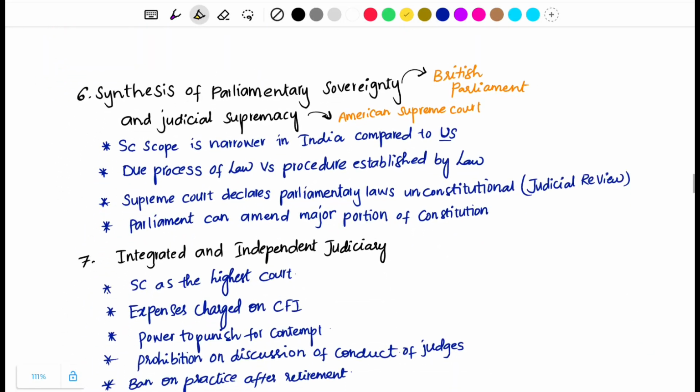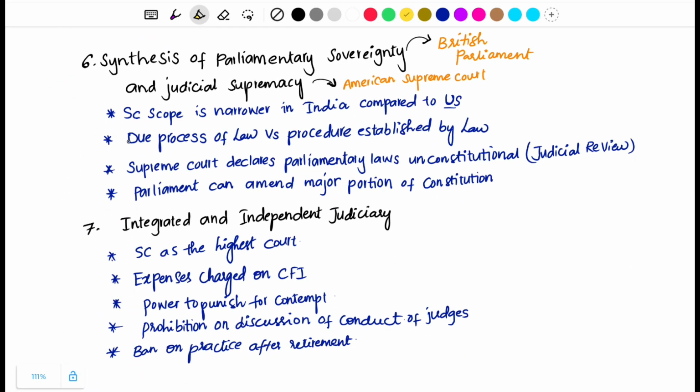Now, let us look into the sixth provision, the synthesis of parliamentary sovereignty and judicial supremacy. Synthesis is the mixture of parliamentary sovereignty and judicial supremacy. The parliamentary sovereignty concept is adopted from the British; it is present in the British Parliament, and judicial supremacy is part of the American Constitution.